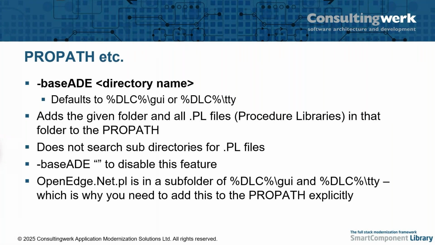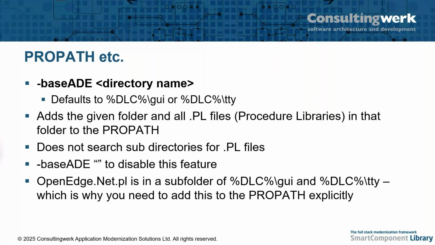So if you're thinking about deploying a runtime application and you have a number of PL files for different modules or whatever, and a few r-code files directly in that folder, instead of specifying the PROPATH in an INI file or anywhere else, you could be using the -baseADE parameter.